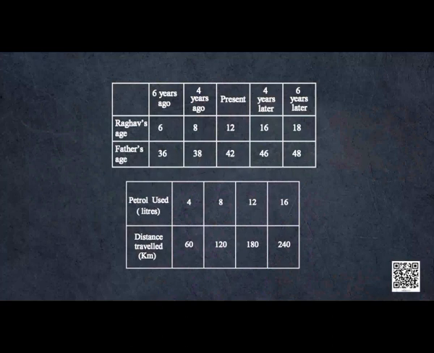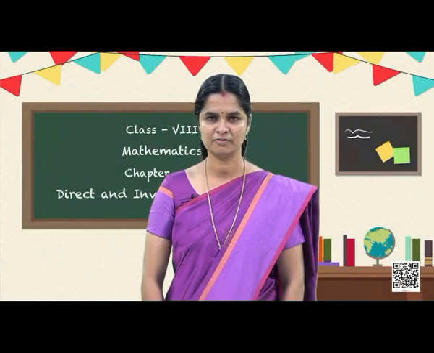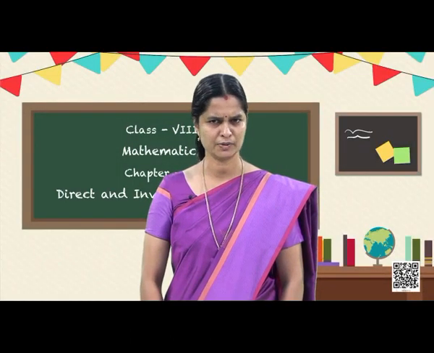What can you observe? We can observe that in both the cases, when one quantity increases, the other one also increases. But can you find some differences? Okay, let us observe more carefully and closely.